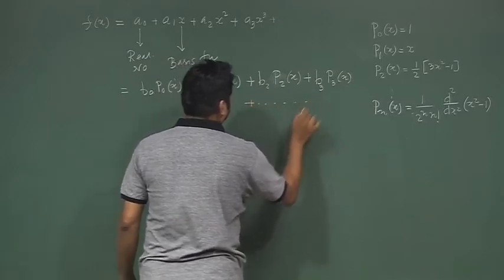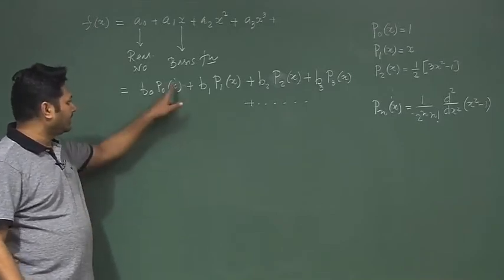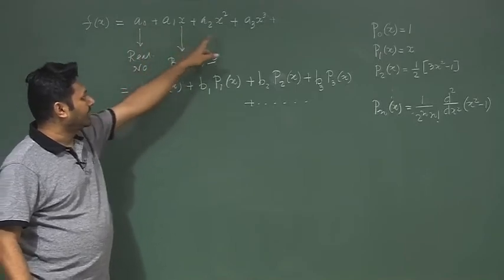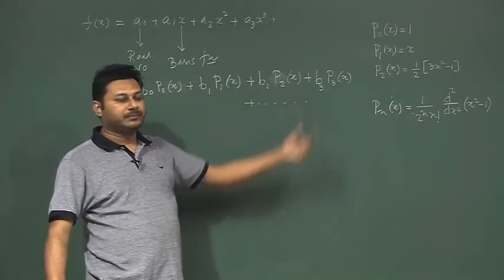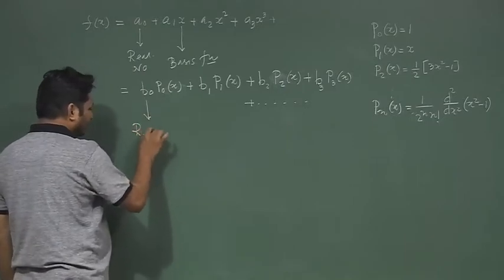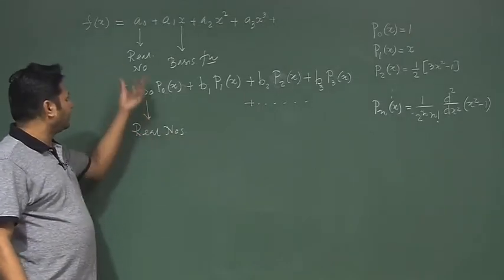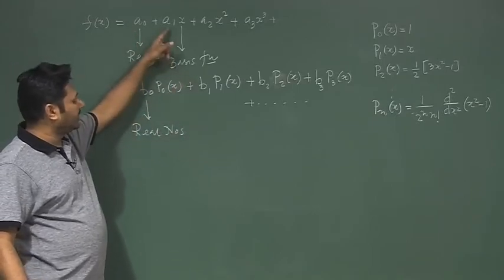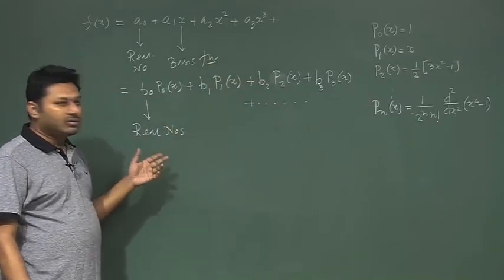I can extend the terms up to my liking. So, a function is represented in terms of this basis, which is 1, x, up to x^n, and then we can expand the same function in another basis, which is this. This is also some real numbers. Now, the question is, this real number may not be the same as this real number. So, A and B are somehow related, but they are not equal.